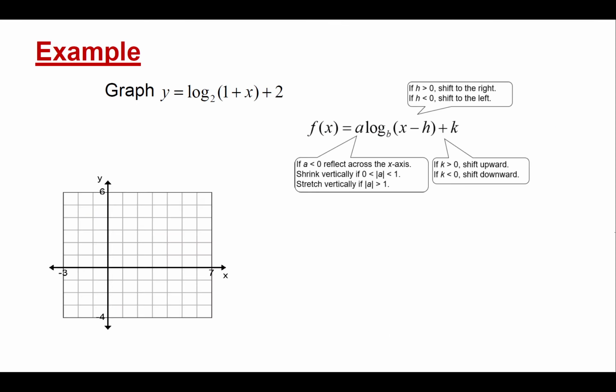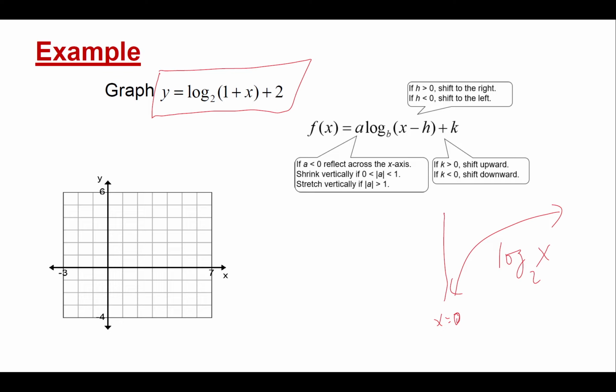Sometimes you also have to use a transformation to plot the graph of a log function. For example, here the plus 1 means a horizontal shift 1 unit to the left, and the plus 2 means a vertical shift 2 units up. Whenever we apply the horizontal shift, remember that x equal to 0 is the vertical asymptote for the graph of log base 3 of x.